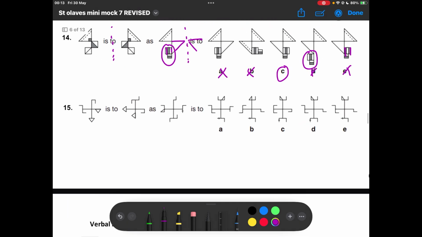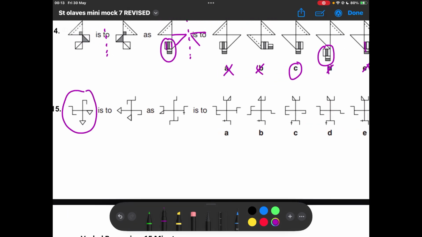I think this is the last question. So this shape has just rotated 90 degrees anti-clockwise. Rotate this one 90 degrees anti-clockwise. We're going to have, just going to draw it quickly. So just turning my head to look at how it's going to look.